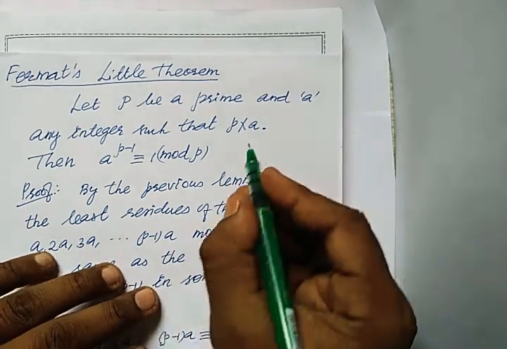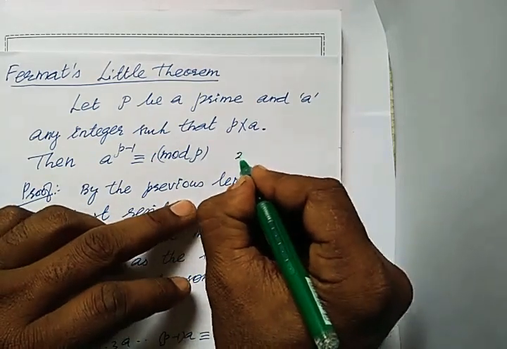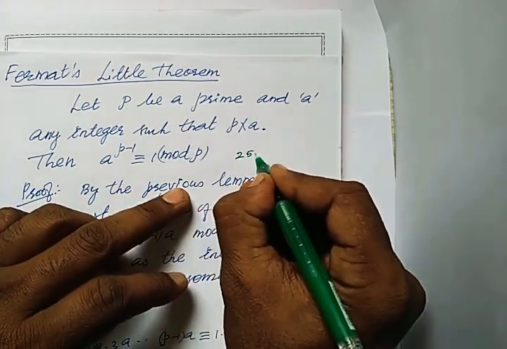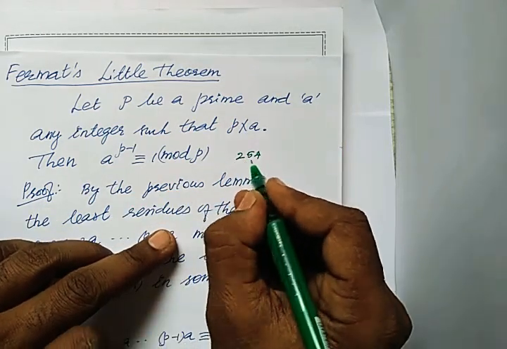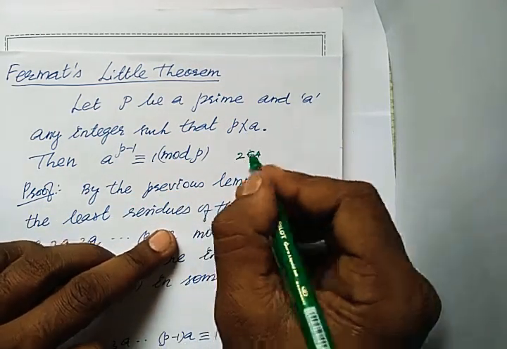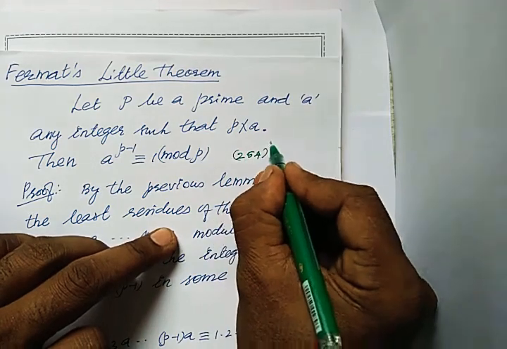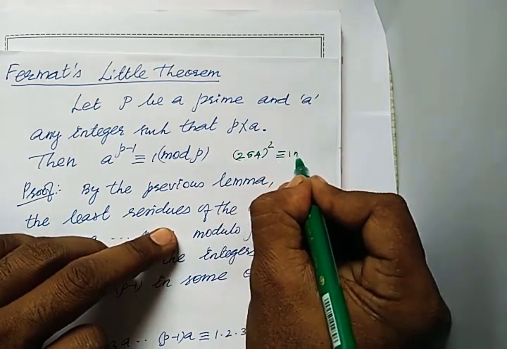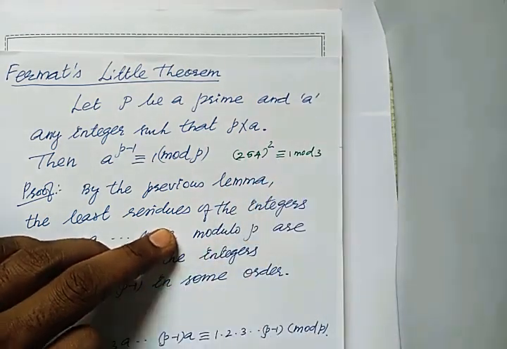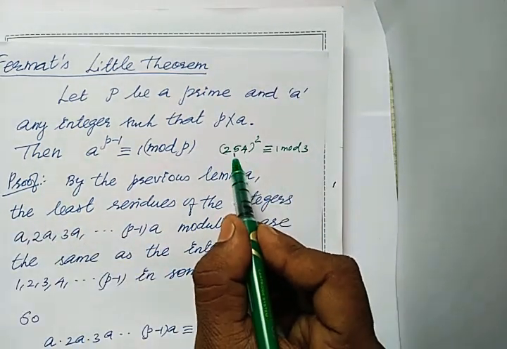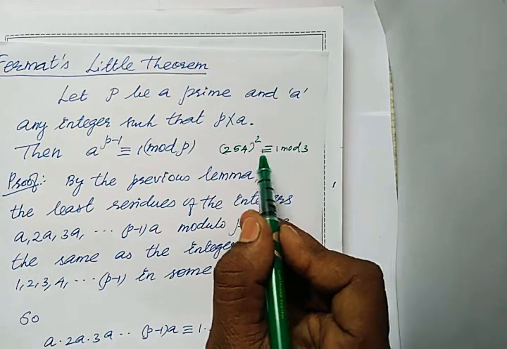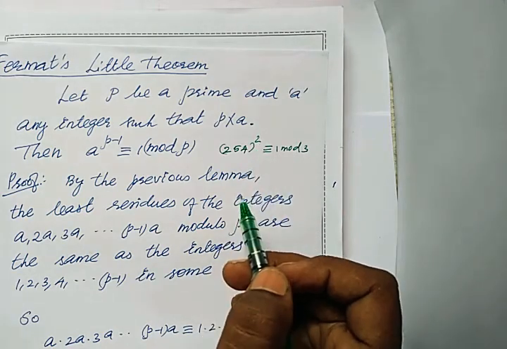For example, take 2, 5, 4. This is not divisible by 3, right? Not divisible by 3. So this square is congruent to 1 mod 3. It is so immediate.